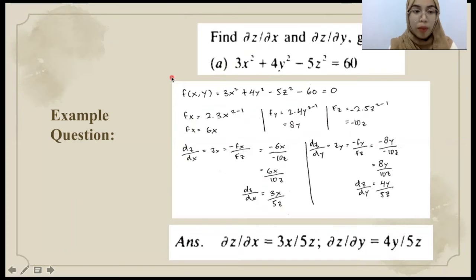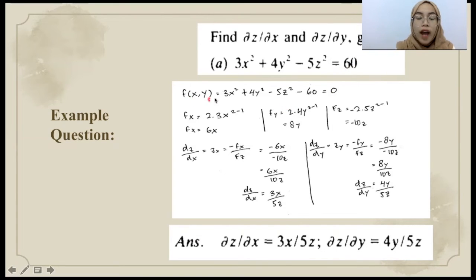For the example, in this question we have to find the partial z with respect to x and partial z with respect to y, given 3x squared plus 4y squared minus 5z squared equals 60. Because an implicit function equals 0, we have to make the equation equal to 0 by moving the 60 to the left.